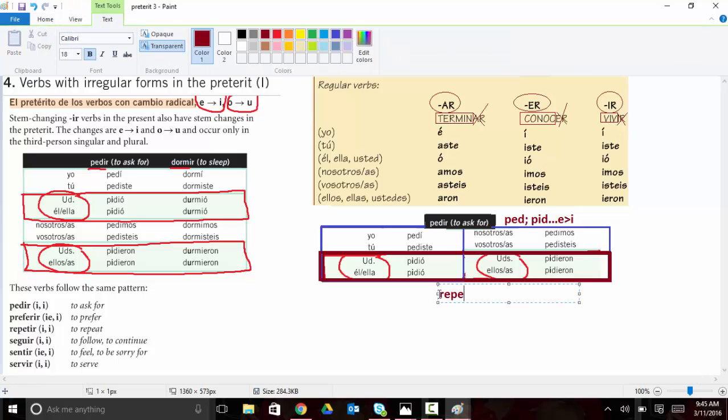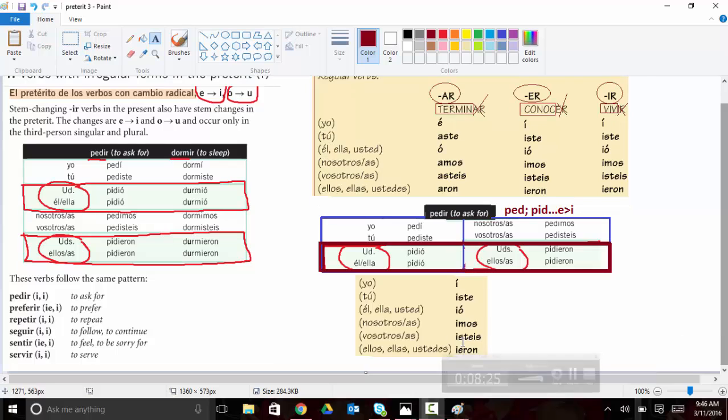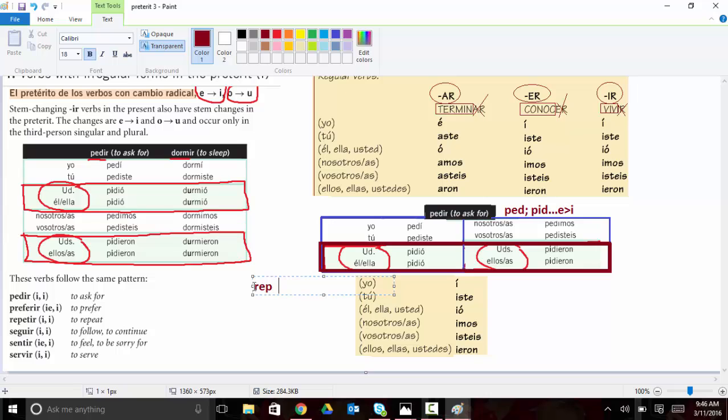So if I'm going to do the verb repetir, repetir is an E to I stem changer as well, and it's actually the E just before the ending that changes, and that's going to be the same for preferir.